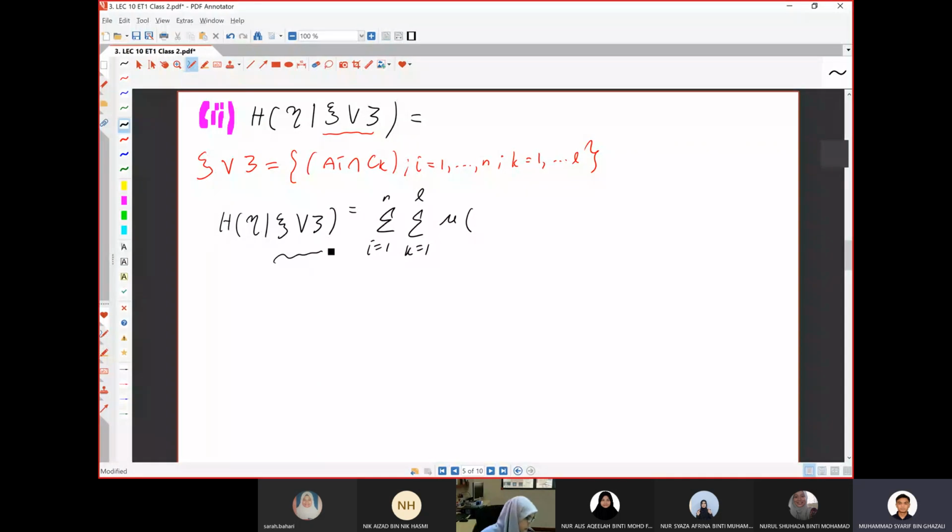Mu of psi, what is its partition? A, right? Zeta's partition is C. Right? So that means Ai intersect Ck. Can you understand? Of the entropy, multiplied with the entropy of zeta, Ai intersect Ck. Is this part clear?